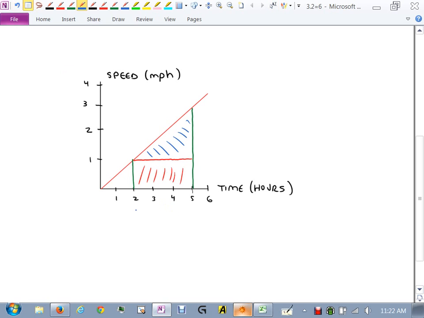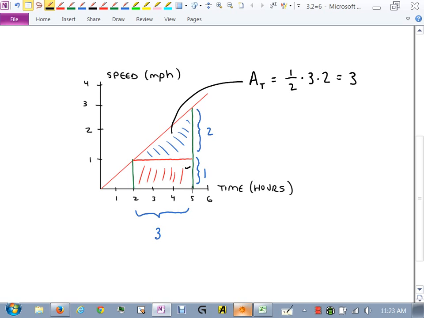Hold on. I should write it down. This is 3, right? This is 1. This is 2. So the area of the triangle is 3 times 2, half of that, right? Half of base times height, which would be 3.